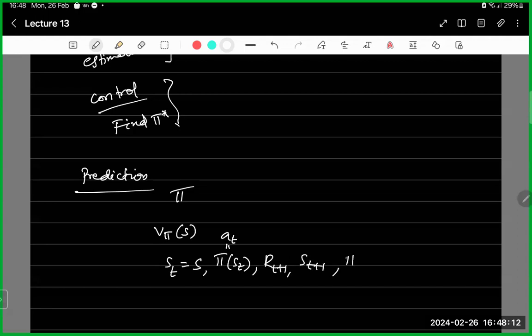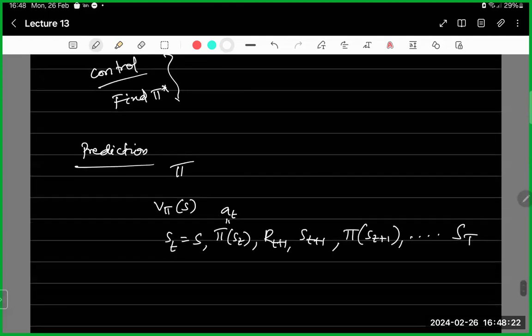Then you again take action according to pi and you keep doing this till you reach a terminal state. Then what is an estimate of V pi of S?